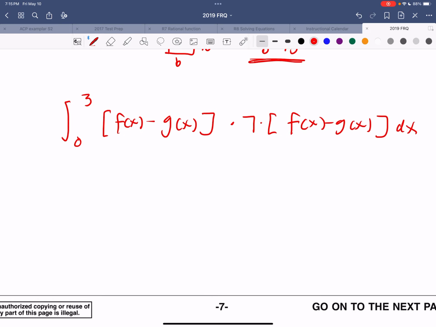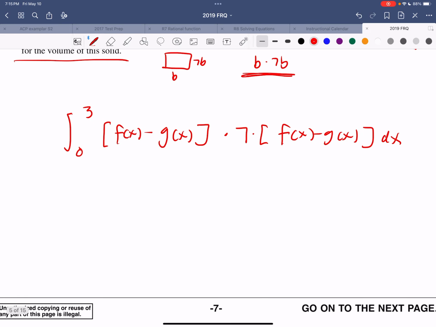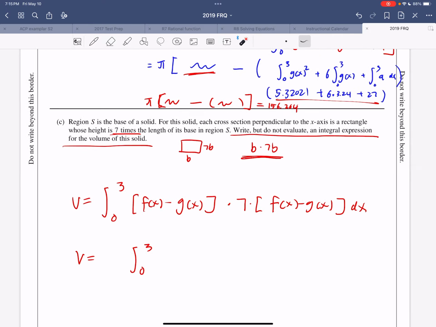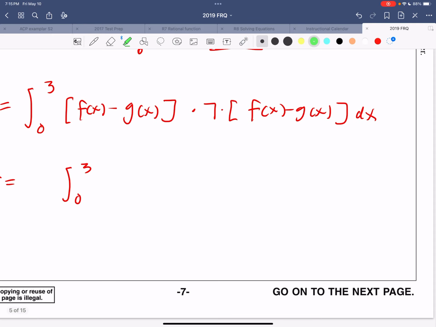So let's make it look nicer. Oh, I forgot V equals. So V equals, if I want to make it look nicer, now remember, this is not plus or minus, so you cannot break it apart. But what you can do is, do you see this 7? You can take it outside. So I'm going to put 7 outside. And do you see we have exactly 2 of this?